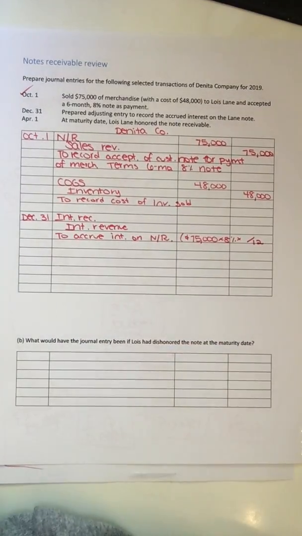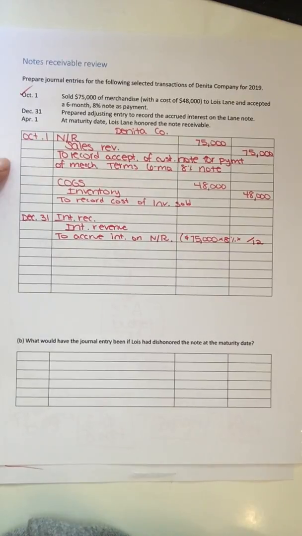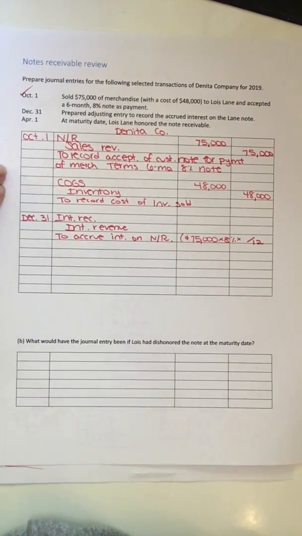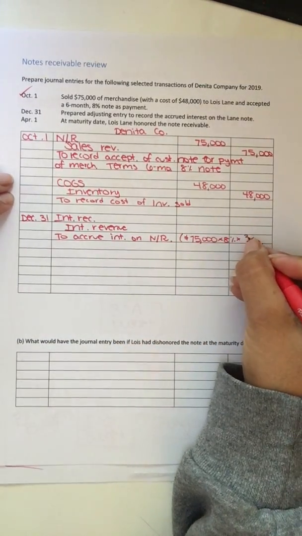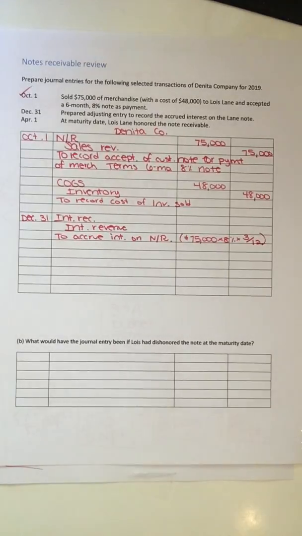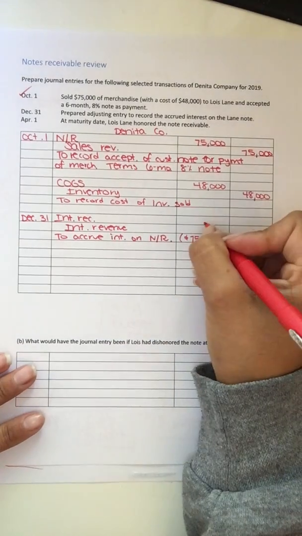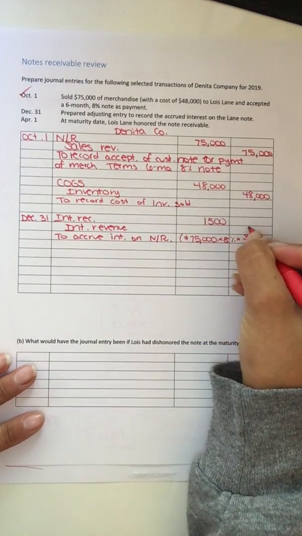12 months. How much time has passed from October 1st through December 31st? So from October 1st to November 1st, that's 1 month. November 1st to December 1st, 2 months, and then the rest of the month of December. So 3 out of 12. So go ahead and do that math. 0.08 times 3 divided by 12. I got 1,500.